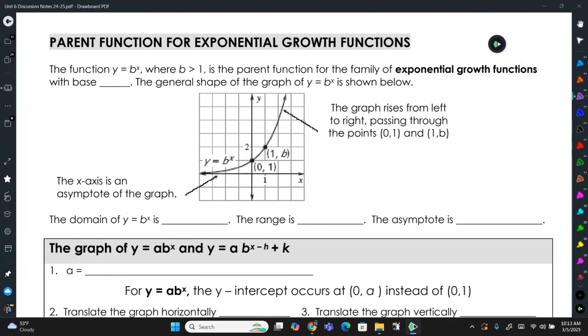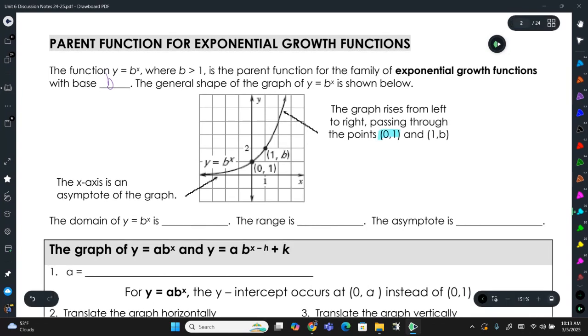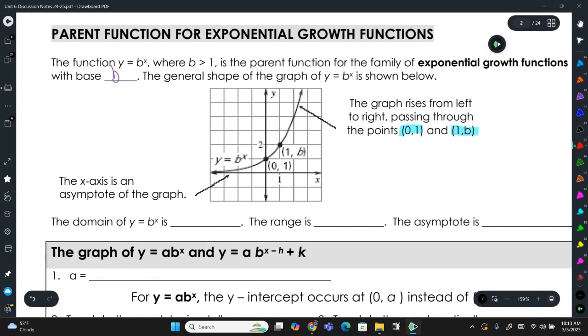So when we graph these, we have a base of b, and the general shape is shown below. All of our points will start here, 0, 1, and 1, comma b. And if we look at the graph here, we have a point 0, comma 1, and 1, comma b, and it kind of curves up like this.